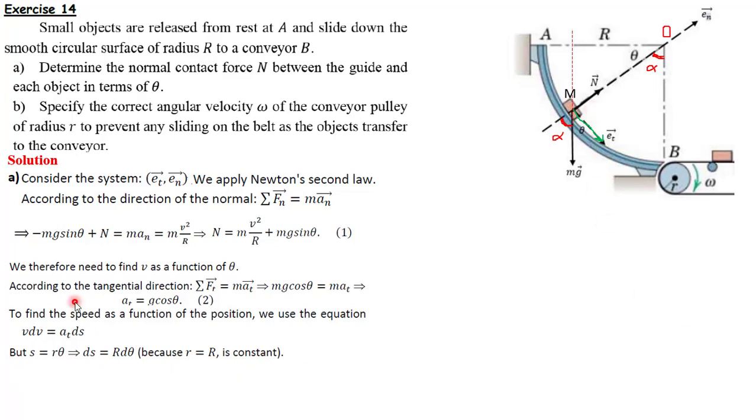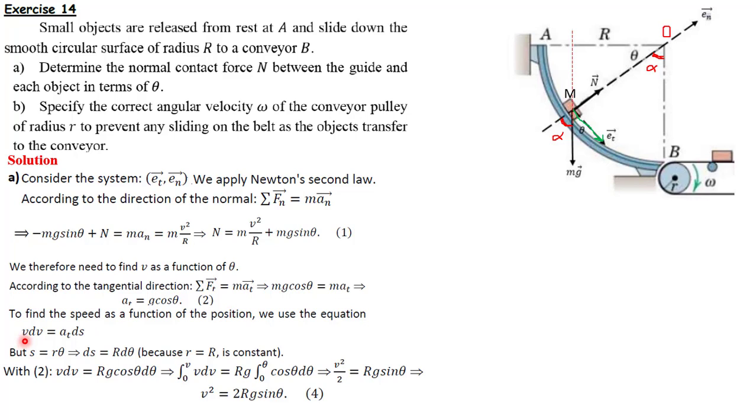Now let's find v. So we will write that v dv is equal to a_t ds, where a_t is equal to g cosine theta, and ds is equal to r d theta. We can notice that here the variables are well separated, so v is with dv and cosine theta is directly with d theta.